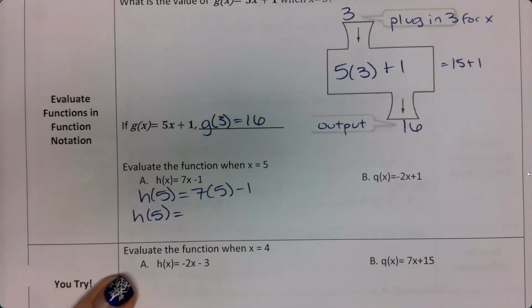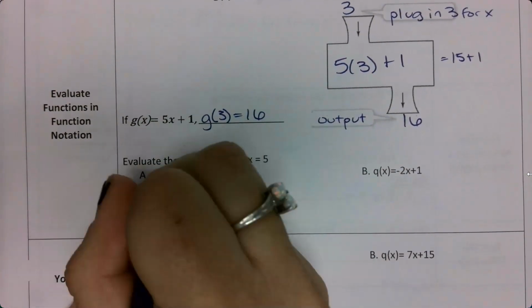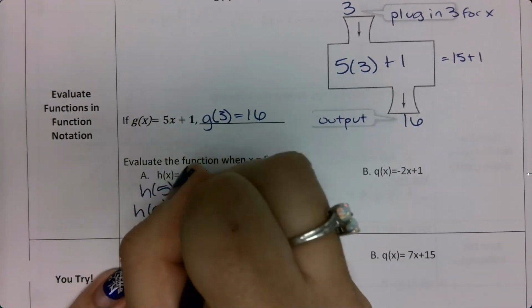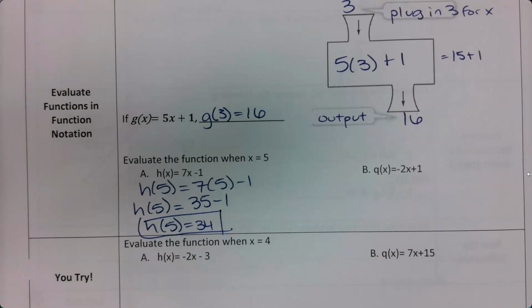And then 7 times 5 is? 35. And 35 minus 1 is? 34.